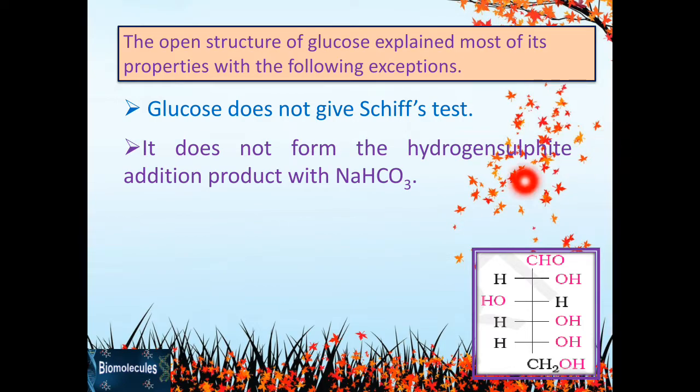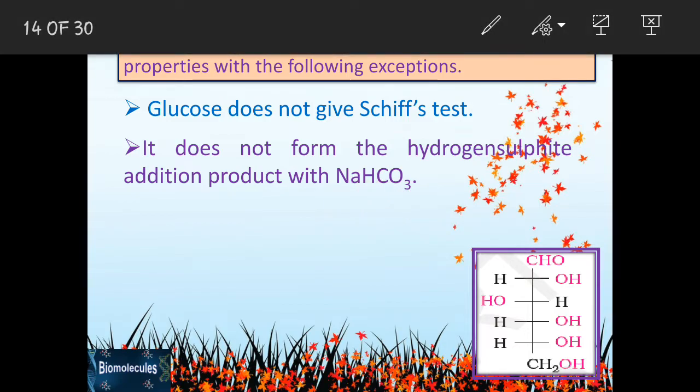Second, glucose does not form the hydrogen sulfite addition product with NaHSO3. Here you make some correction. It is printed as NaHCO3, it's not NaHCO3. So this is NaHSO3, sodium hydrogen sulfite.